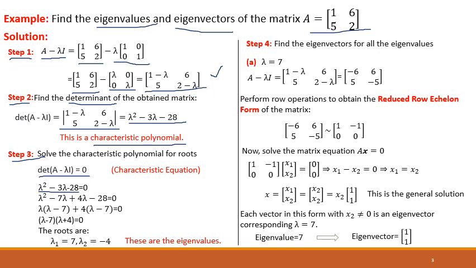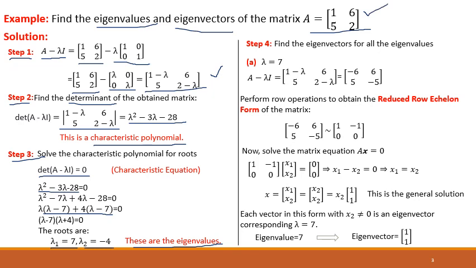We will find the roots by using the factorization method, and the two roots we will get are lambda 1 equal to 7 and lambda 2 equal to minus 4. So these are the eigenvalues for the matrix A.